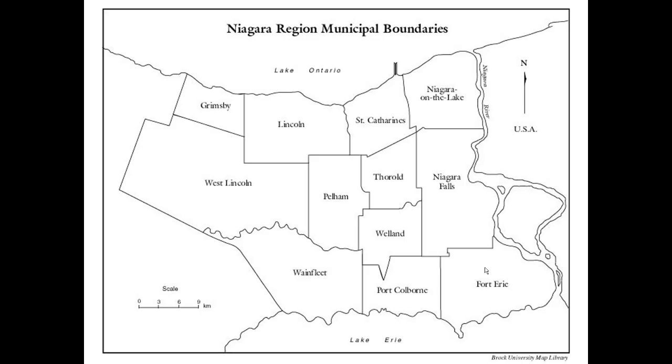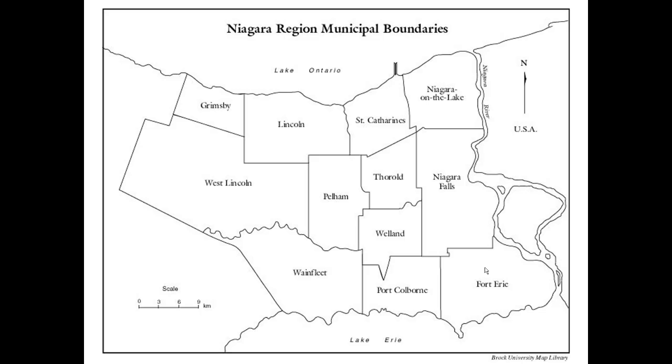With that in mind, we can take a map of the Niagara region, and if you look on page 6, I believe it is, of your handout, you'll see a map. It shows Niagara region municipal boundaries, and I'm going to show you how to convert this into a connectivity table.